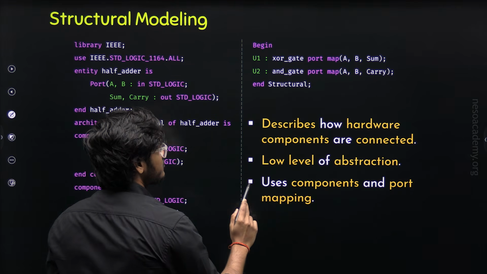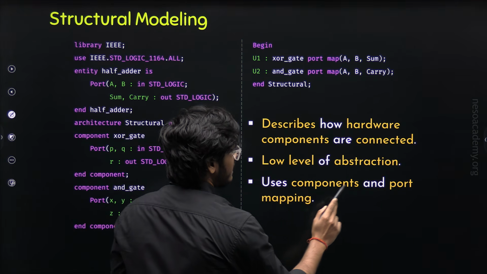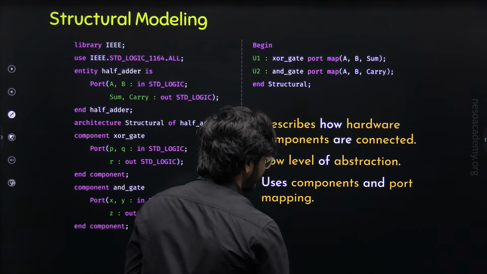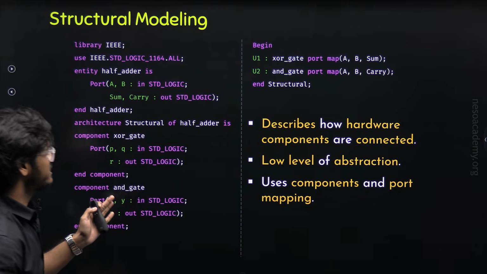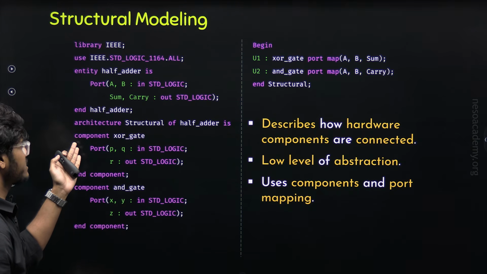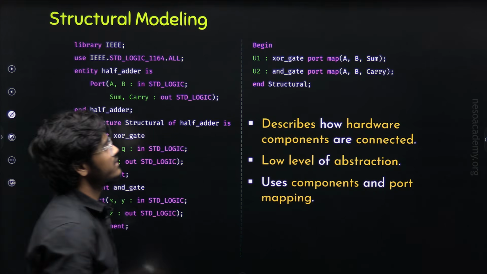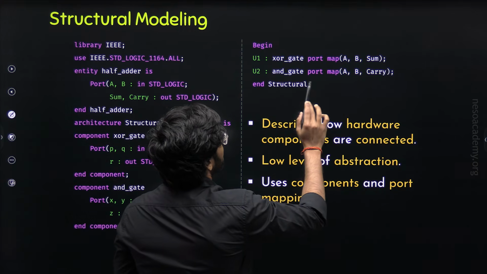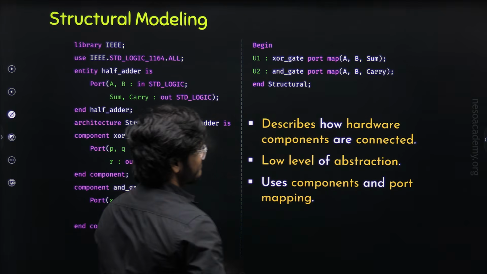Third point, structural modeling uses components and port mapping. Just like here, we saw that structural modeling includes component declaration using the keyword component, and then we use the keyword port map to map these components.